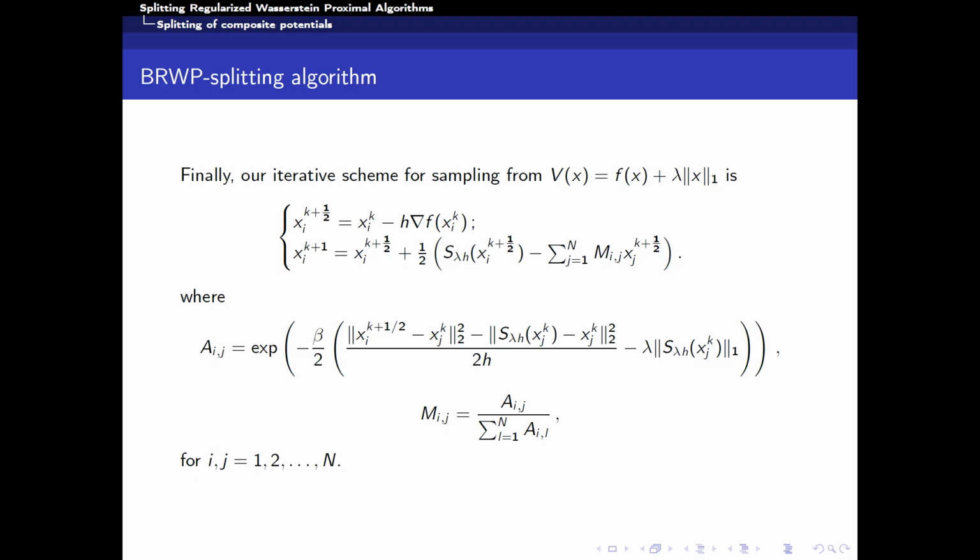Based on our kernel formula, this interaction of particles is given by a formula like this. This capital A is an exponential of this interacting kernel, and this M is nothing but a softmax function, which I guess also appears in several talks in this workshop. So we have a structure very similar to the modern transformer structure.